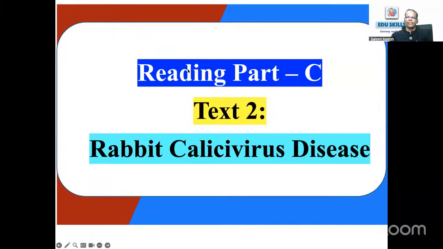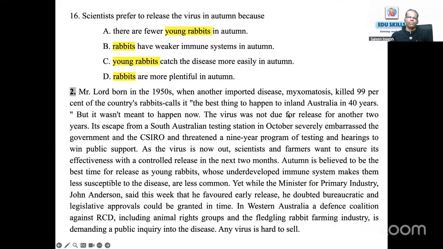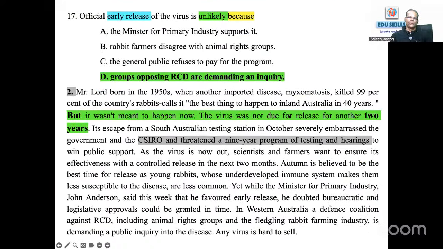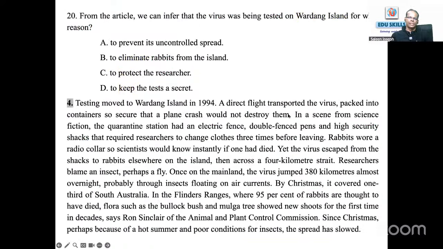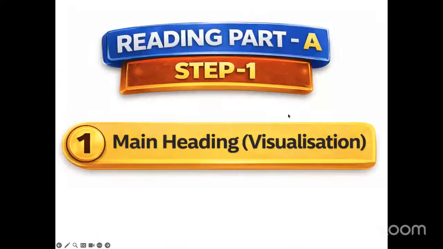This will have all types of questions and all explanations. This is text 2 from a reading material somebody has sent me. Every question from 15 to 22 will be explained, so you will have all the explanations. Let's do it.